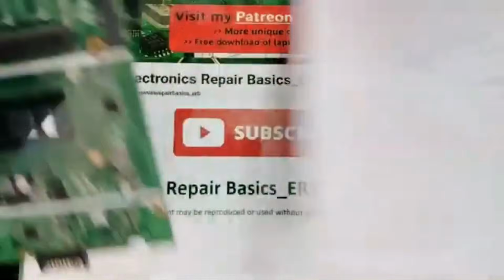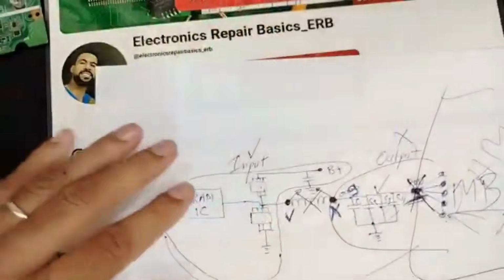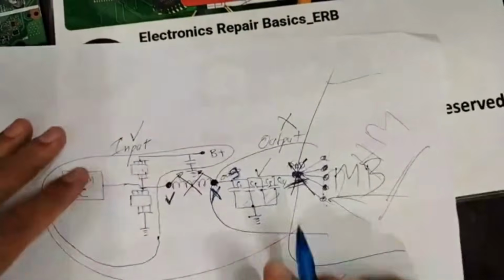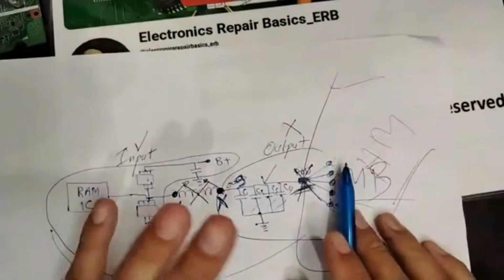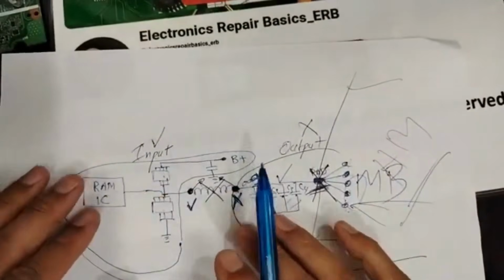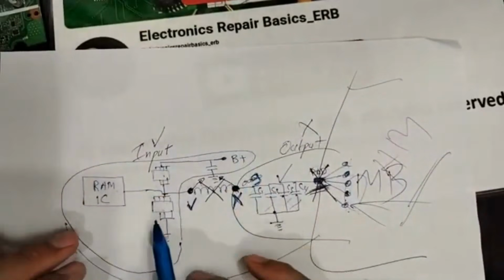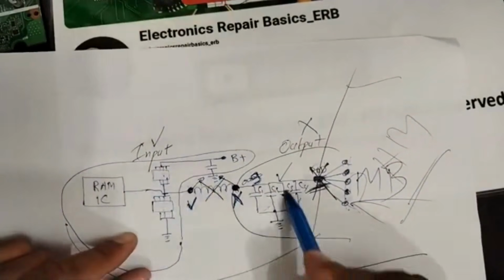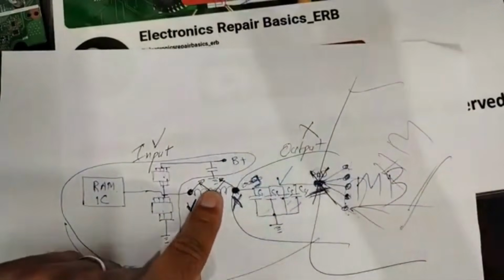So guys, for this short, we use the schematic, we use the process, we find all these components good. The most important thing is that I teach you how to avoid removing components randomly. Always remove the inductor.